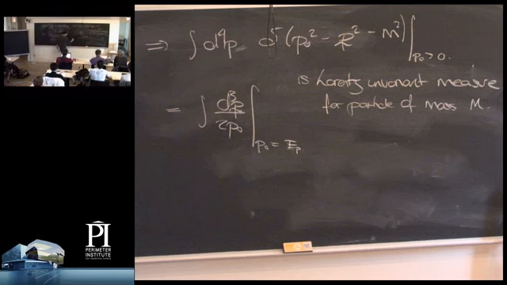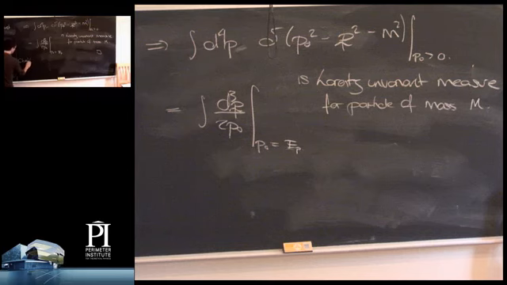Okay, so an obvious corollary to this is that the Lorentz invariant delta function over 3 momenta is you take the delta function, then you multiply by 2 times the energy of the particle.